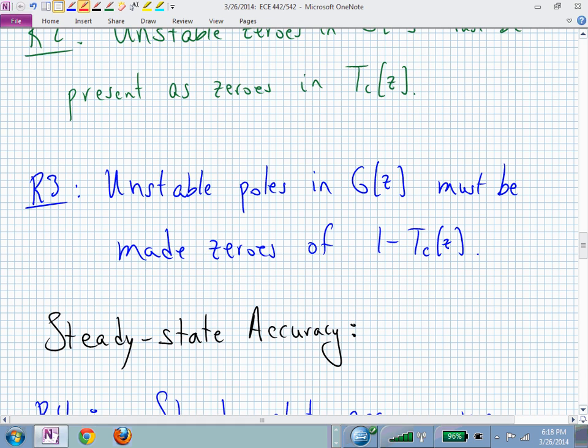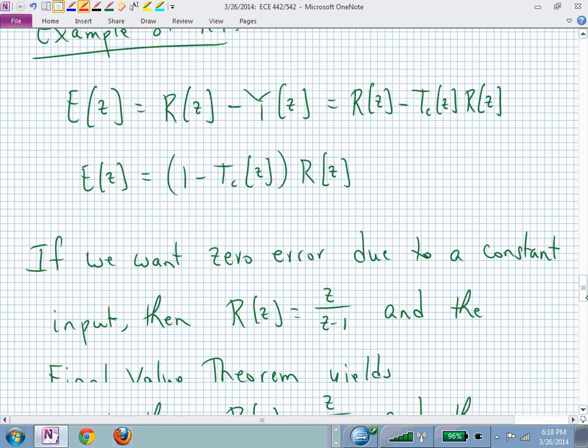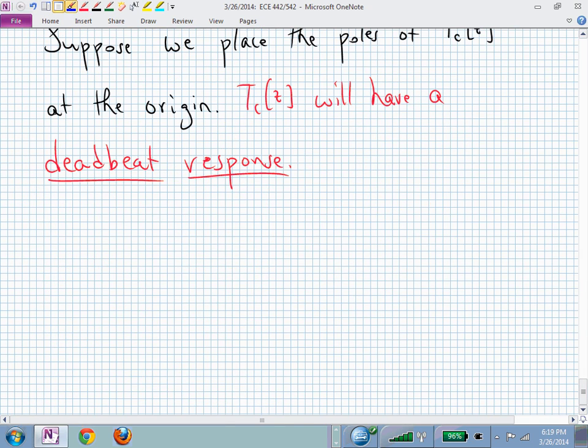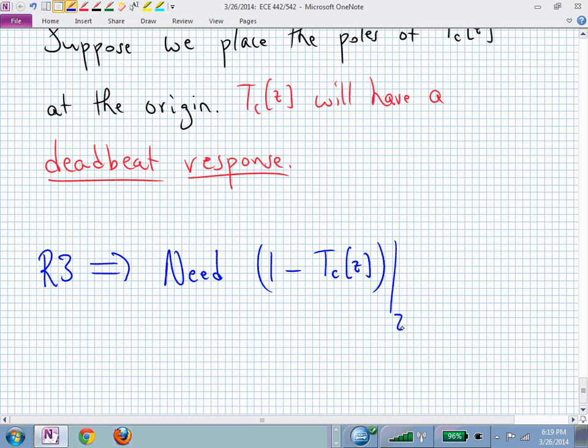That's what restriction 3 is saying. So from R3, restriction 3, wasn't our unstable pole at 2? So we take this expression, 1 minus T sub C of Z, and we force it to be 0 at that unstable pole's location.